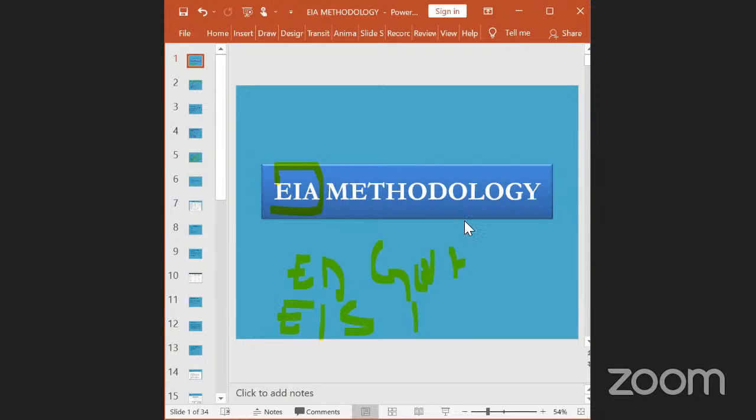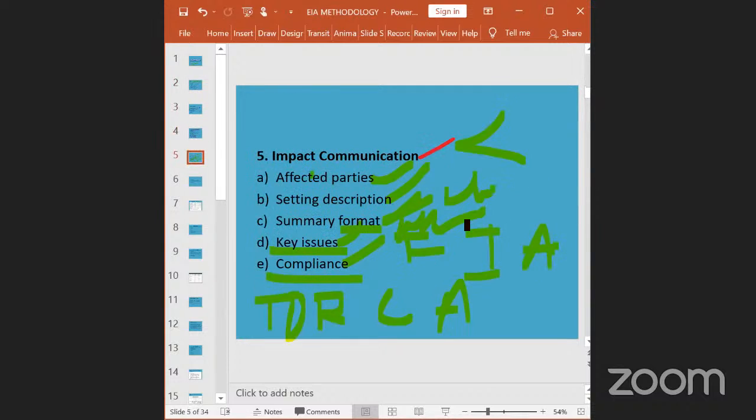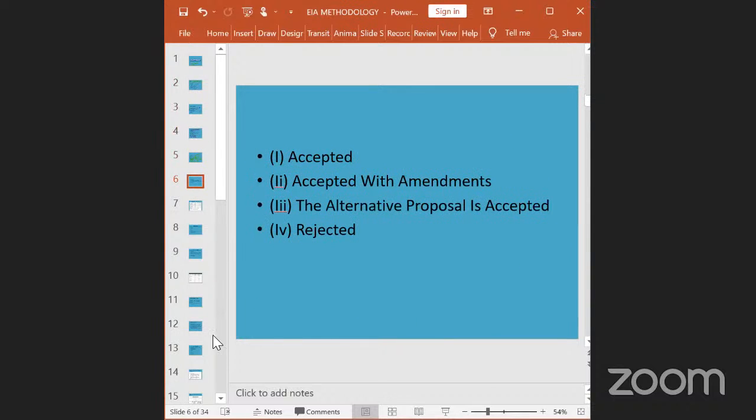In many countries, this environmental impact statement is open to public scrutiny and is reviewed at public hearings.